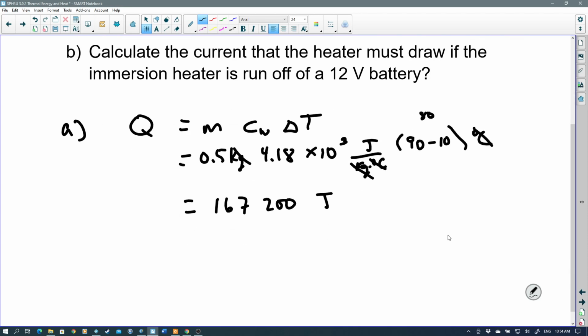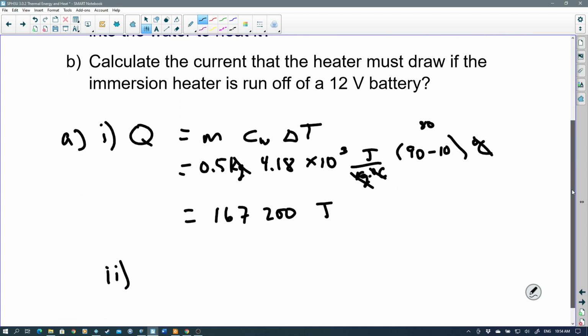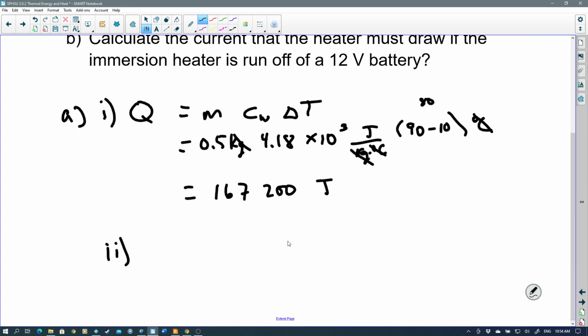Now for the efficiency part, sorry, this is still part A. If it's only 65% efficient, remember that usually we need to put more energy into something in order to get the required energy that we need. So we're going to actually use more than 167,200 joules.